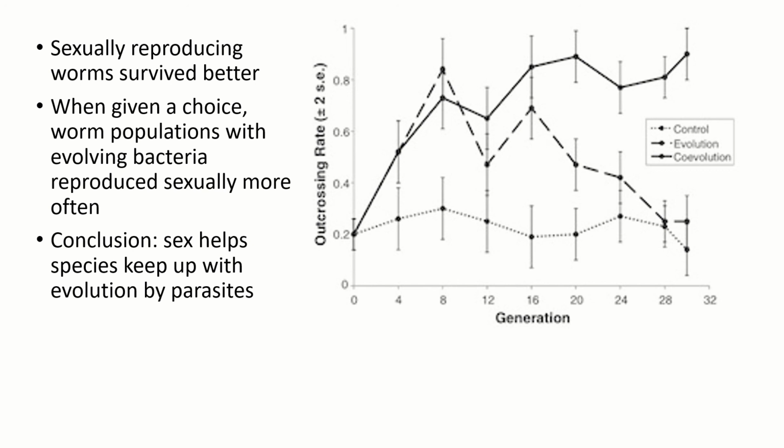When the bacteria was refreshed, so the bacteria was the same as they had started with, the worms originally did sexual reproduction and then stopped and went back to asexual reproduction because they had evolved an immunity to the soil bacteria, and then they could just, by copying themselves, pass on that immunity to all their offspring.